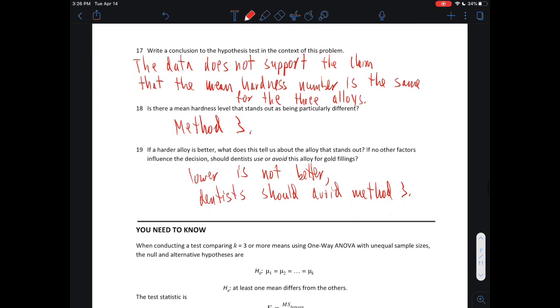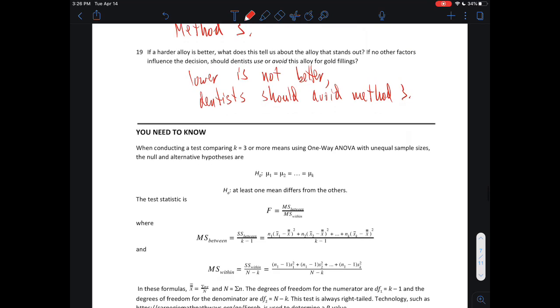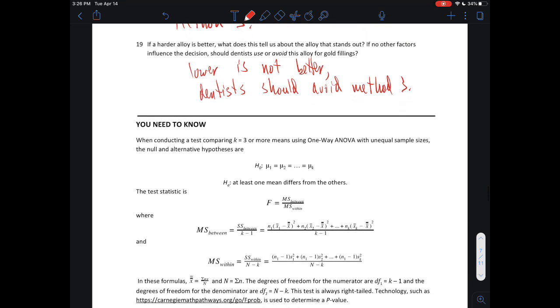The secret word for this lesson is diamond. You need to know, when conducting a test comparing k equal 3 or more means using one-way ANOVA with unequal sample sizes, the null and alternative hypotheses are H0 for the null hypothesis: all of the means are equal, so mu1 equals mu2, etc., all the way up to mu k.